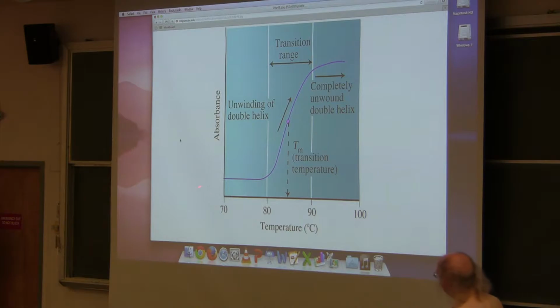If I start out with double-stranded DNA at about 70 degrees centigrade, and I start heating it and heating it, I all of a sudden start seeing that the light being absorbed by that DNA increases. That is, the DNA is absorbing more of the light. And what's happening during that increase is the strands are coming apart. Single strands will absorb light way better than double strands will.